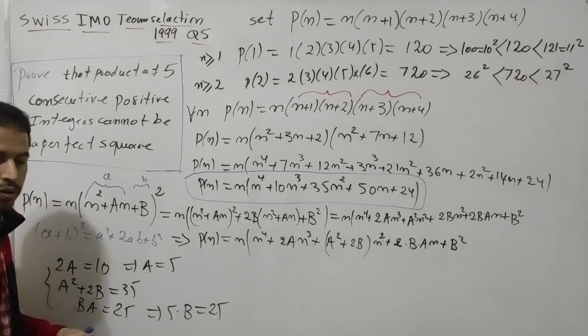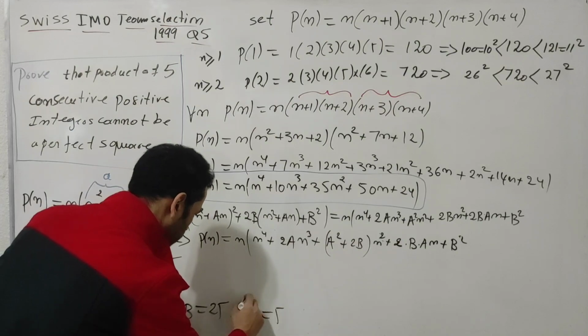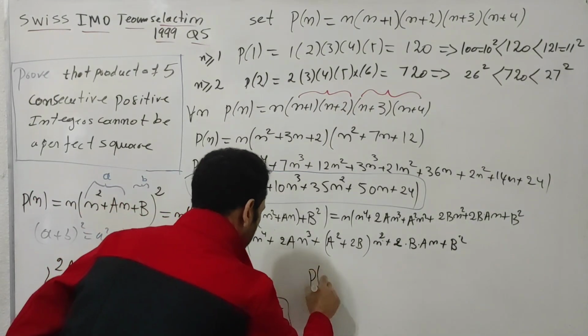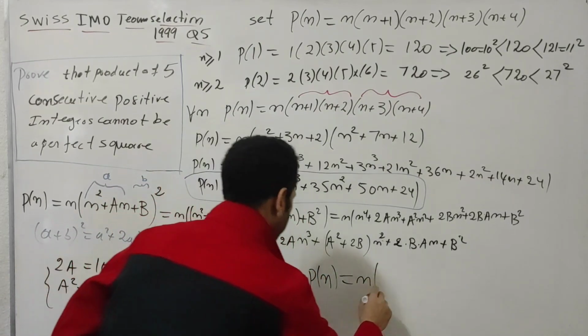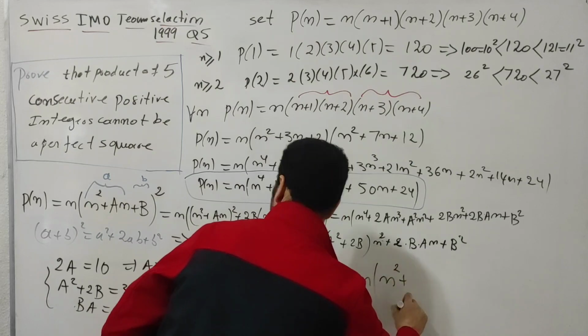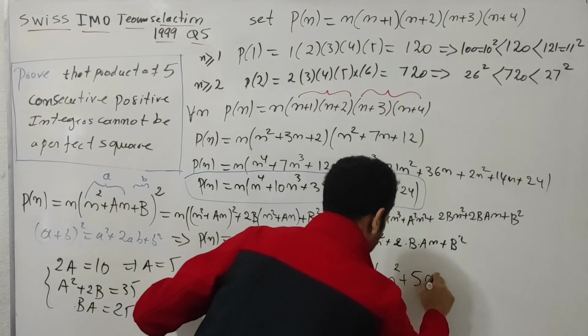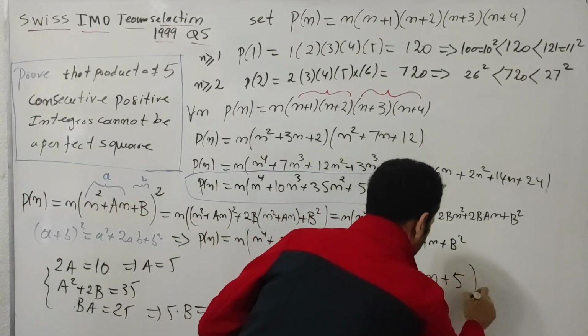So by dividing both sides by 5, I will get capital B equals 5. Now I will have the expression of P of n equals n multiplied by n square plus capital A, we found equals 5n, plus capital B equals 5, quantity squared.